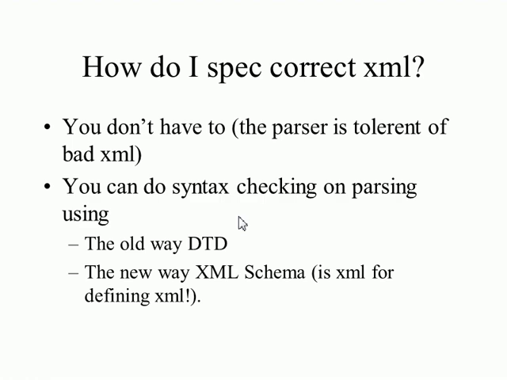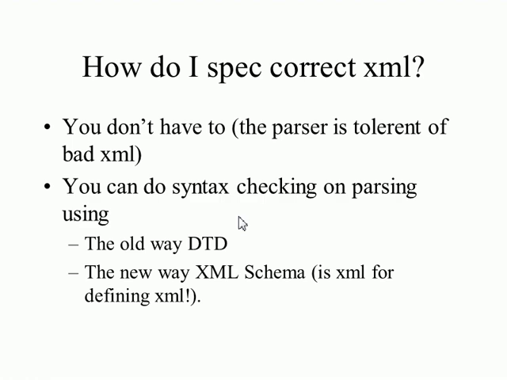So there are a couple of ways in which you can define your own language in XML. The first way is called the data type definition file, or DTD. And that is the legacy method for defining a grammar inside of XML. The other way to define a grammar in XML is called the XML schema. You can do one or the other. In general, you will not see both, although it's possible to have both.